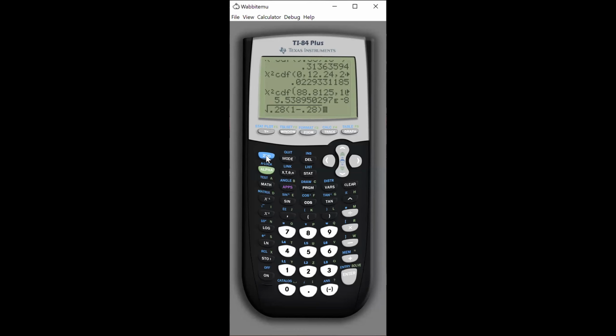And then you open up a new radical, and you say 1 divided by 34 plus 1 divided by 16. And then you press enter. And that's our standard error. We get 0.136.